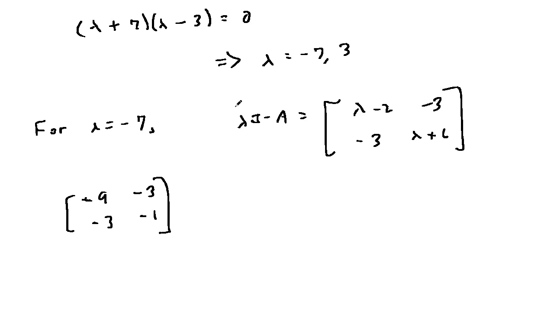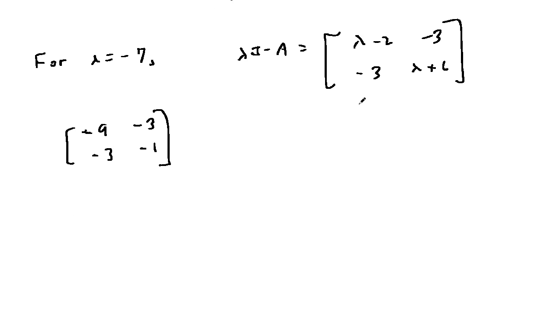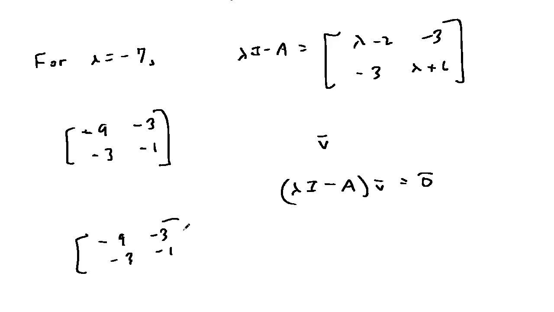Now, since we're looking for vectors v such that lambda I minus A times v equals 0, we want to solve the system of equations given by this.